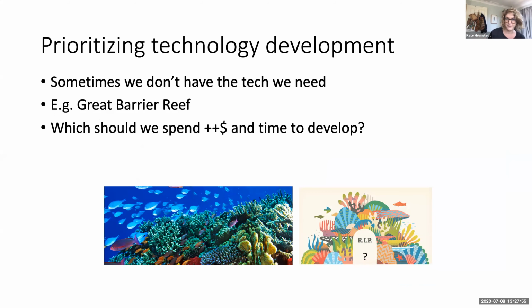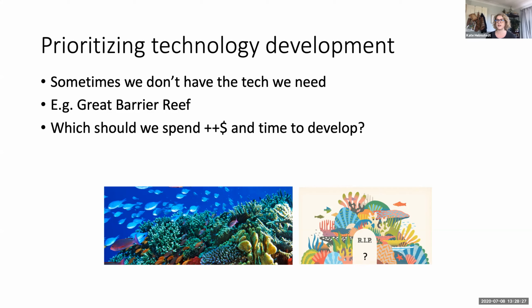One more complex prioritization problem that I've been working on in a completely non-Antarctic, different context is the idea of technology development. This is based in the Great Barrier Reef, where we desperately need to build some climate resilience into the ecosystems. Along with dealing with global warming, we also need to build climate resilience in what we've already got there, so we don't continue to incur losses.